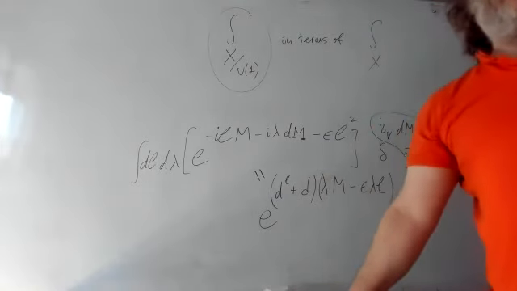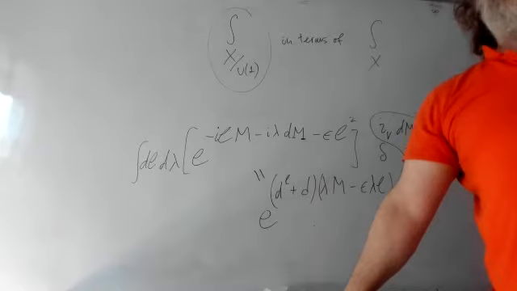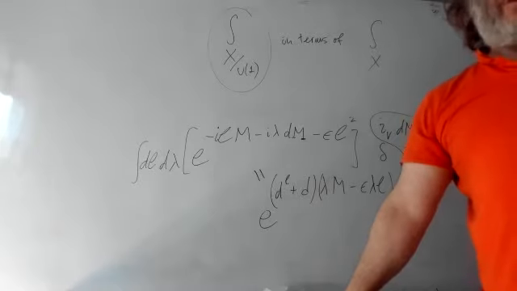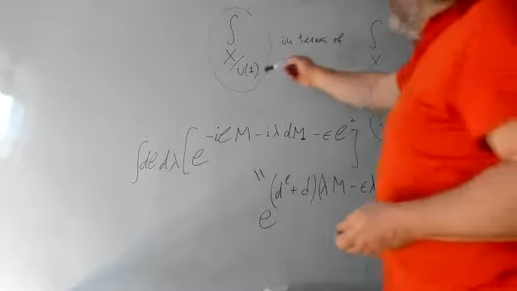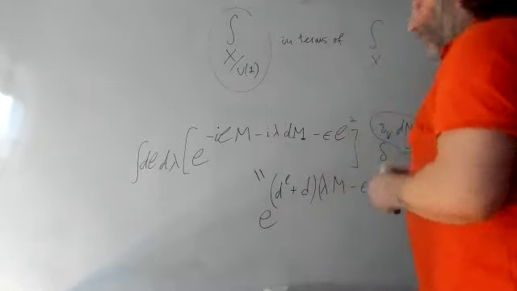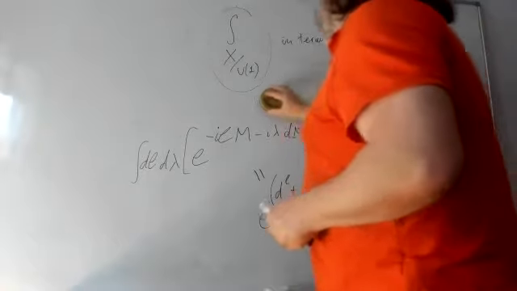Physical way would be called gauging the fermionic symmetry. So what do I want to get?